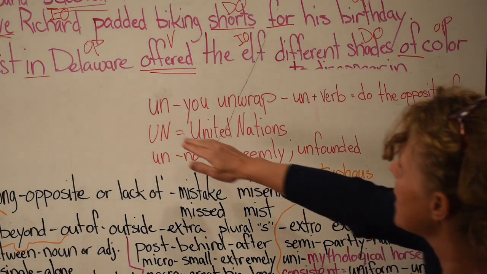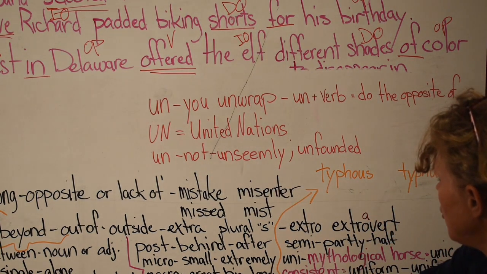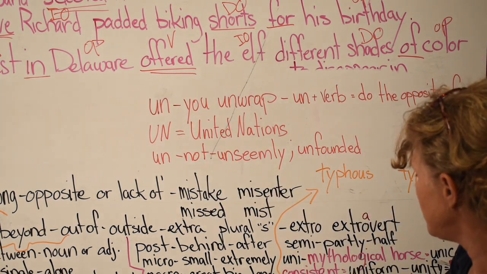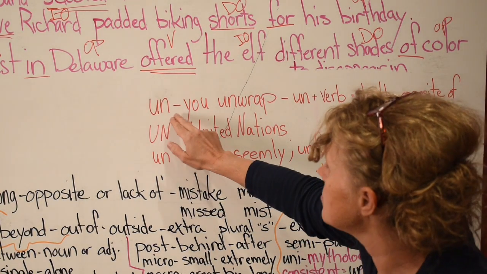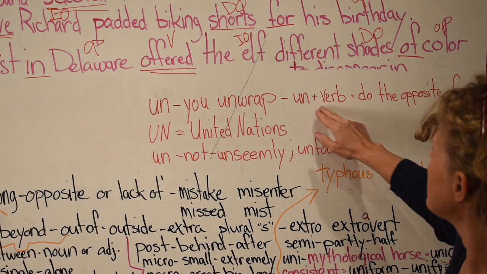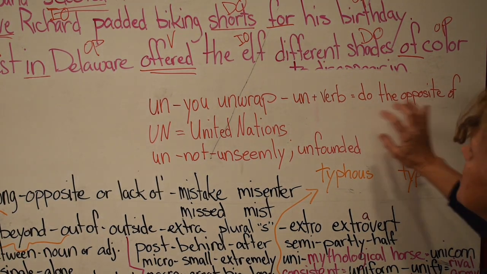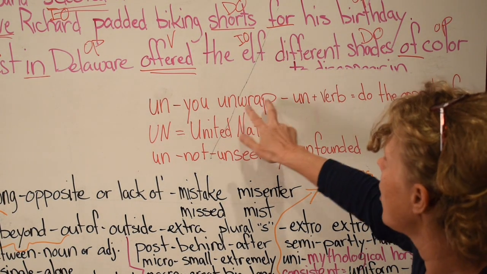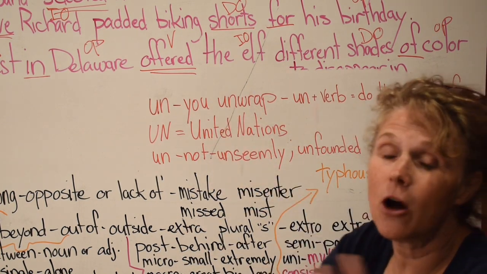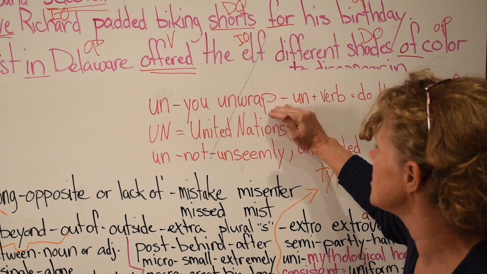So also, I didn't want you to get confused with uni and un. It can be confusing. And so if you see un, like you unwrap, un plus your verb, it does the opposite of what it is doing. So if you wrap the gift, un does the opposite of what you actually want it to do.